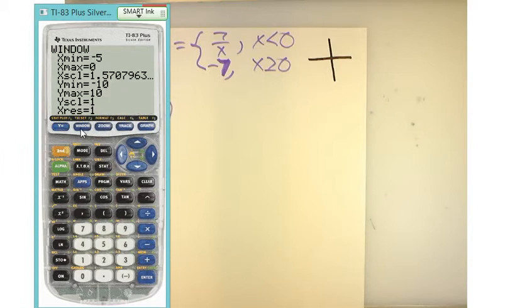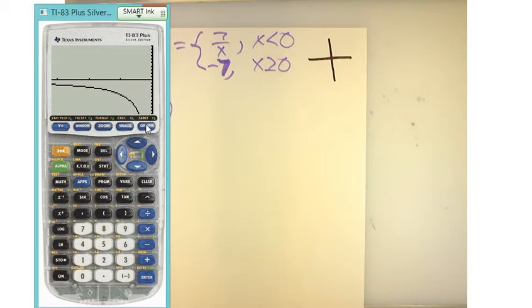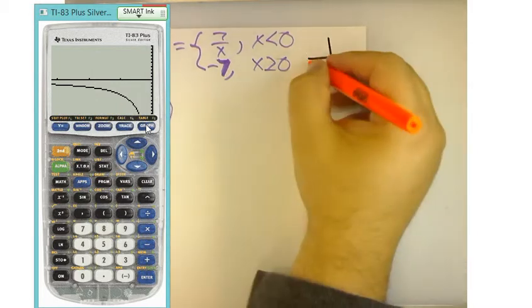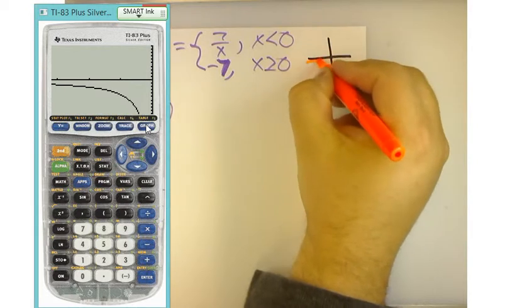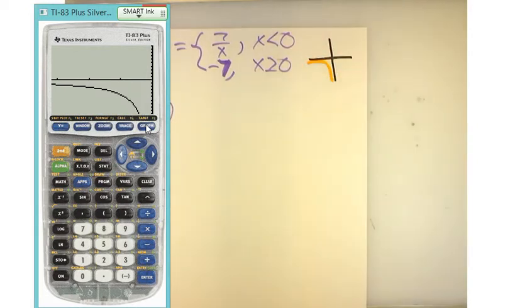Oh, I'm just honing in on the third quadrant. Oh, I messed up the window. Yeah, the function is a hyperbola, right? But I'm only interested in the values when x is less than 0. So basically, this is what my function looks like. Okay? And that's for this portion of it right here.